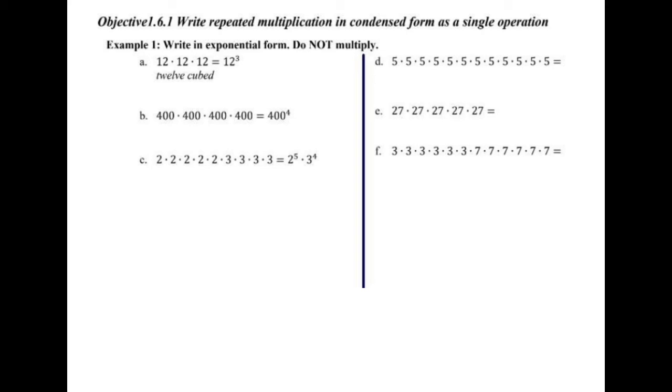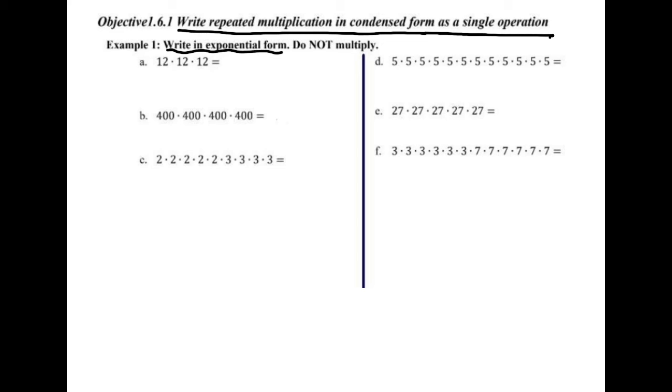Now on this page, I'm going to erase their answers so that we can do it again. We are supposed to write repeated multiplication in condensed form as a single operation. What that means, basically, is write them in exponential form without multiplying.